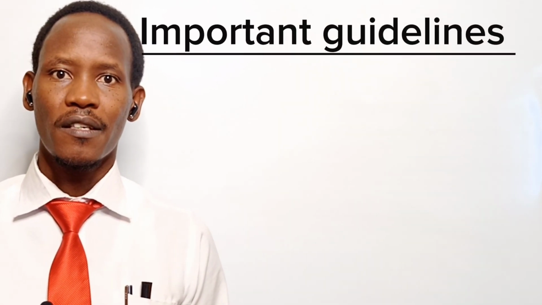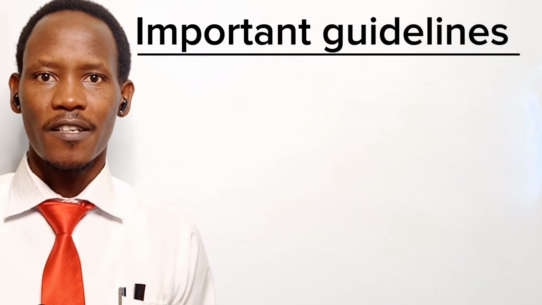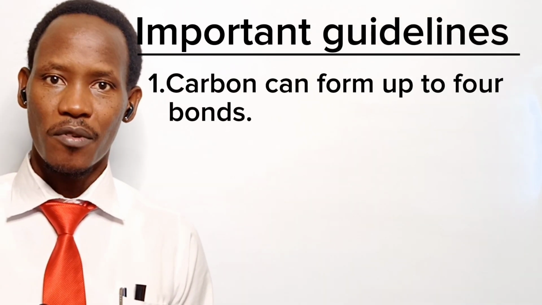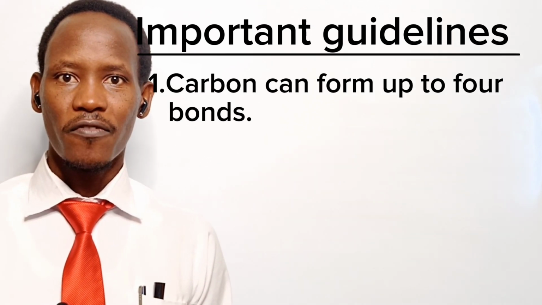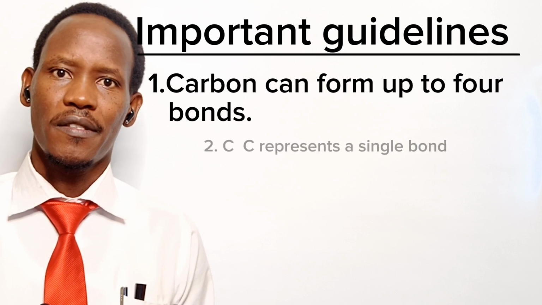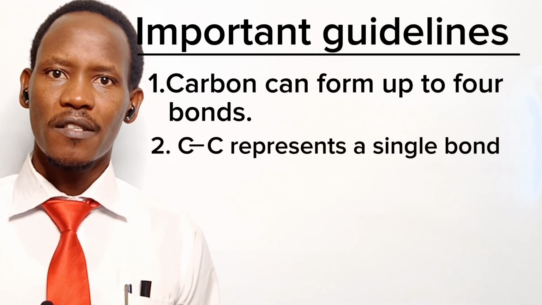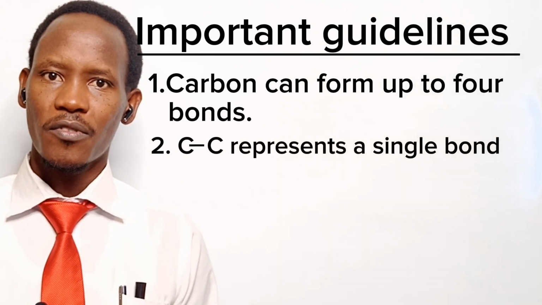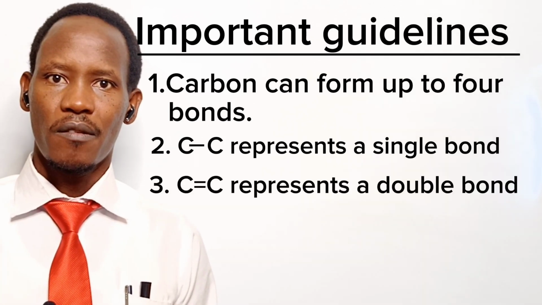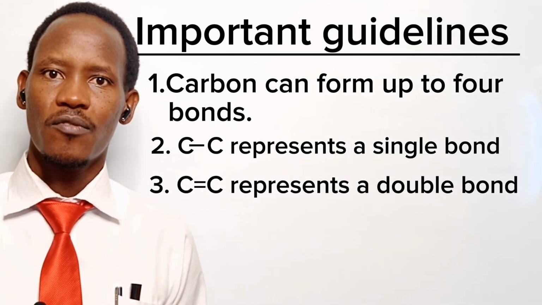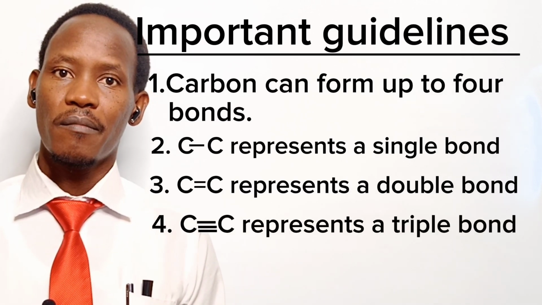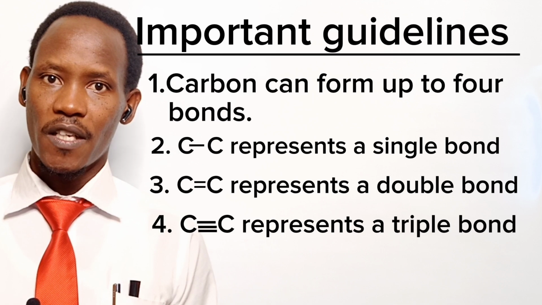The fact being that carbon has a maximum valency of 4 and therefore must form 4 covalent bonds. That is one fact. And the other fact is that a single bond is represented by just a single straight line between elements, a double bond is represented by two lines between two elements, while a triple bond will be represented by three lines between elements.